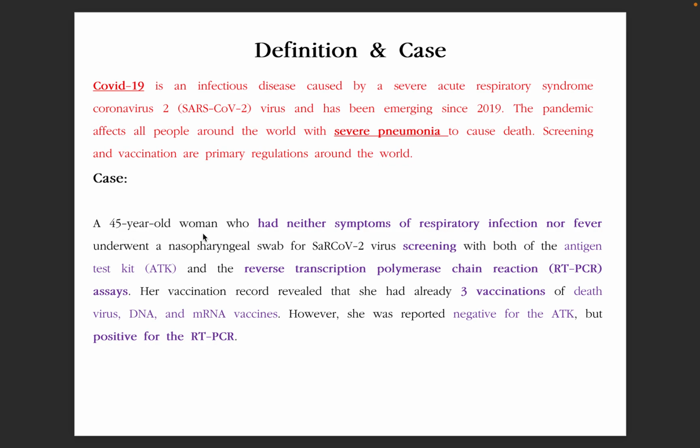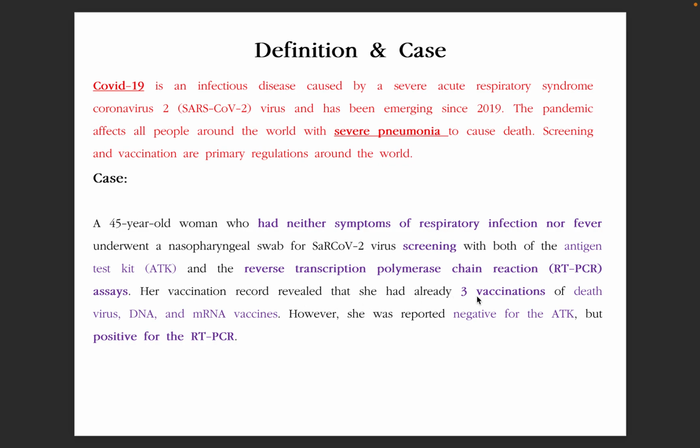Our case study today is about a 45-year-old woman who seemed well. She, for some reason, underwent a nasopharyngeal swab for SARS-CoV-2 virus screening by the antigen test kit, known as ATK, and the reverse transcription polymerase chain reaction, known as RT-PCR.